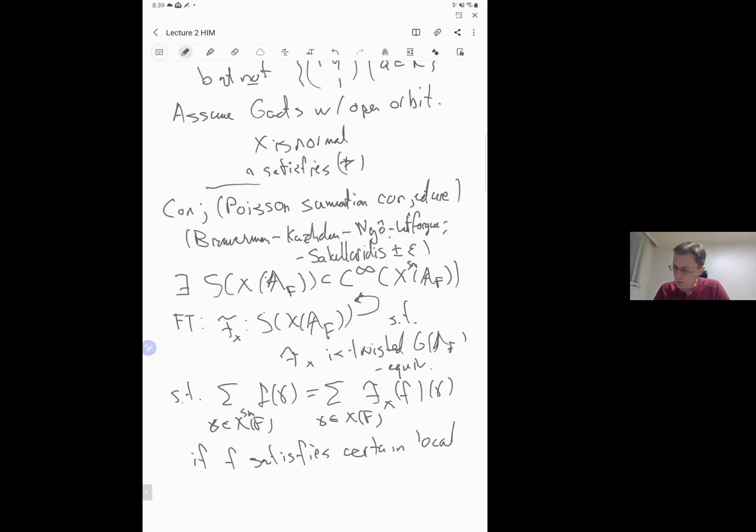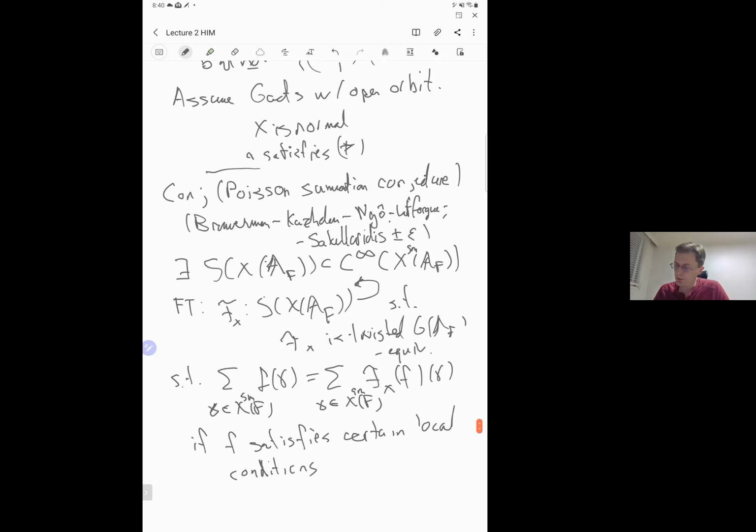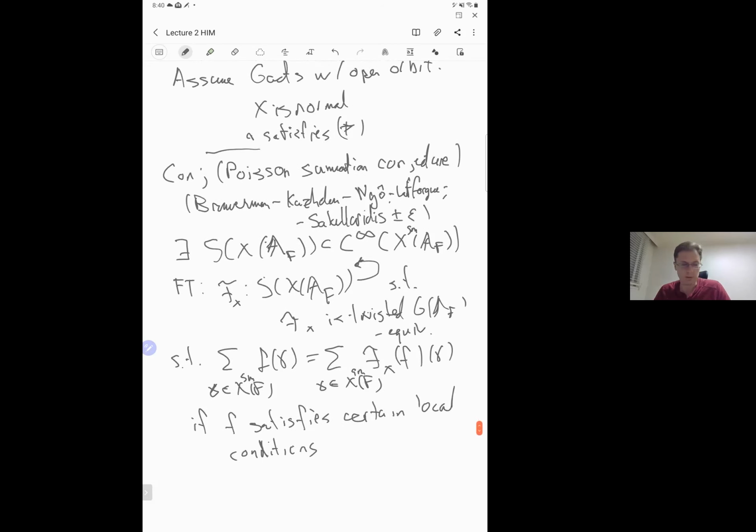Maybe I'll put a smooth here. So it should be true for any f, but the general formulation is going to have to incorporate some sort of boundary term for which there's not a very good description at the moment. So the type of local assumptions I'm thinking of are, for example, you might assume that the Fourier transform vanishes at 0 and then the function vanishes at 0 or something of that nature. And that's the sort of thing morally that you should assume in order to get rid of these boundary terms.